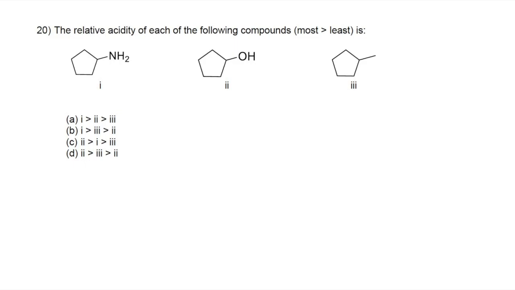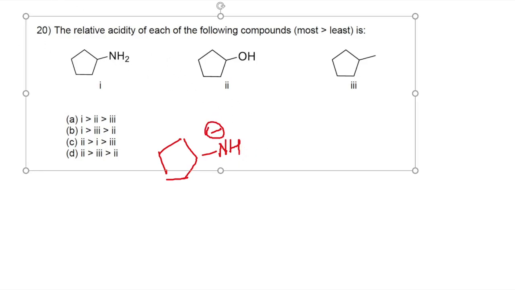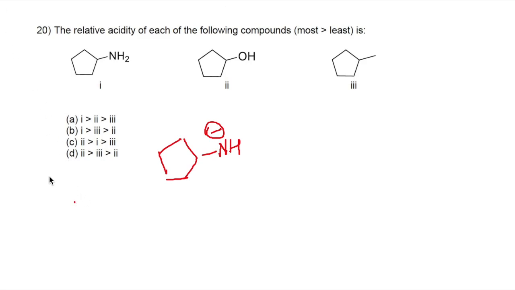This question asks about the relative acidity of each of the following compounds. In other words, they are asking us which one of these molecules is more willing to donate one hydrogen. To figure out the answer, probably the best way is to draw the three conjugate bases and compare them.